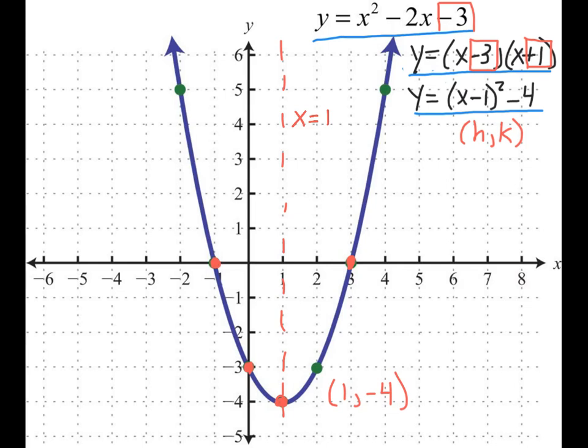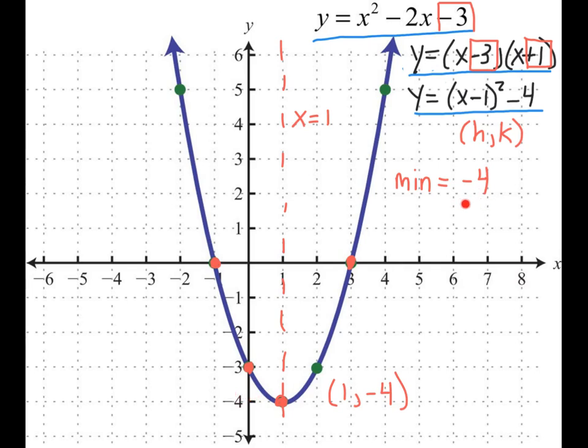All right, well, the second part of the vertex, the negative 4, or k in this, well, that turns out to be, in this particular parabola, the minimum. So my minimum of this function is equal to negative 4. Well, think about it. If this parabola is opening up, and it is, then the lowest point is going to be my vertex down here, and that lowest point then is going to be the minimum of that function.